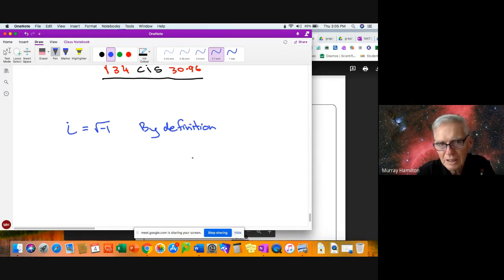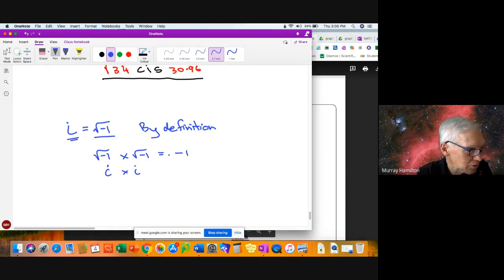But I want you to believe that a number, the square root of negative 1, when we multiply by itself, we call it the number i. So the square root of negative 1 times the square root of negative 1 equals i times i, which equals the square roots cancel out, so that becomes negative 1. Square root of negative 1 to the power of a half, add the powers. Yes, we just add the powers.